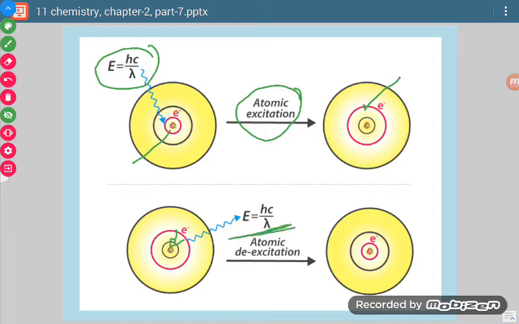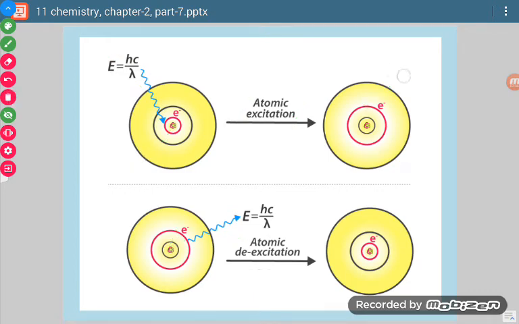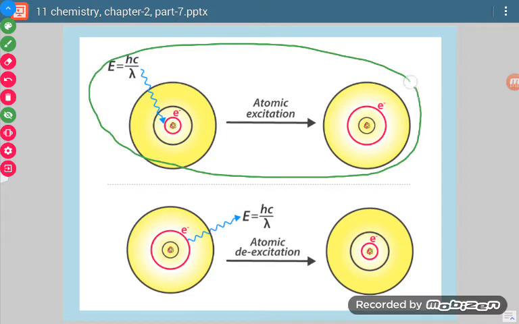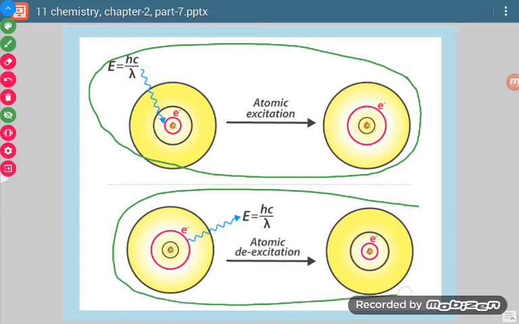That energy is given by this much, and it is called atomic de-excitation. So this diagram represents excitation of the electron after absorbing energy, and this diagram represents the loss of energy when the electron comes back from a higher energy level to a lower energy level.